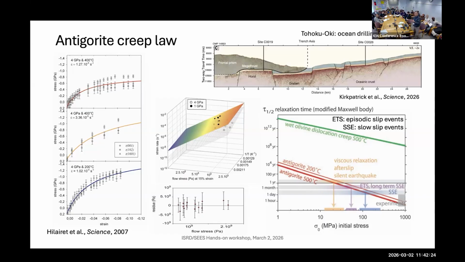And this year, in Science, they actually found this in Japan. When they drilled the subduction zone near the Tohoku earthquake, they found a very thin layer, about a few meters, of antigorite, which kind of indicates this conclusion.